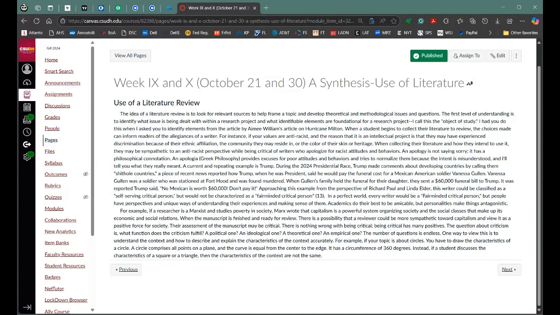A similar issue just happened. Actually, the day that I wrote this, Trump made a comment about Liz Cheney, who is a Republican, but Liz Cheney was working with Democrats to impeach Donald Trump when he was in office.